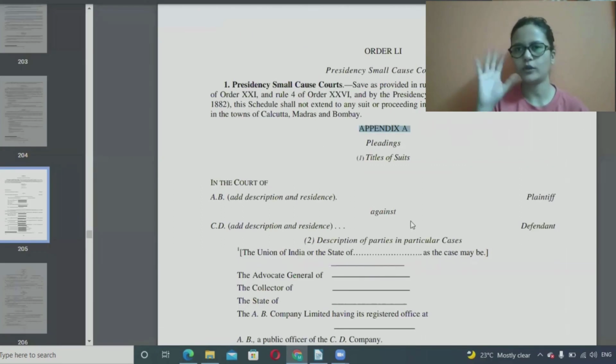Yes, you would be able to say by looking at the initials. If it is OS, that indicates it's an original suit, which has to be a civil suit only. For complaints, it will usually be CS, or CC, complaint case. It may be NI, or NCT, that means negotiable instruments case. It may be CRM, criminal miscellaneous, like that. All these initials will indicate what case it is.